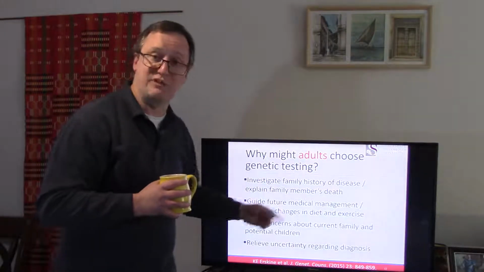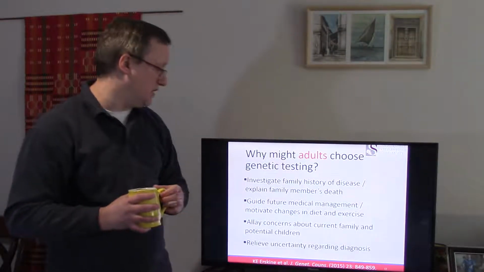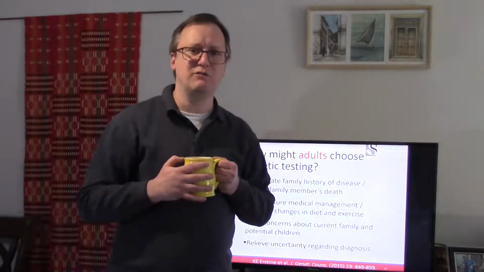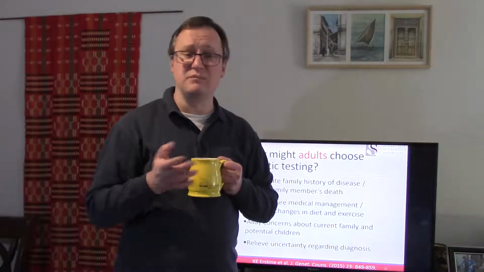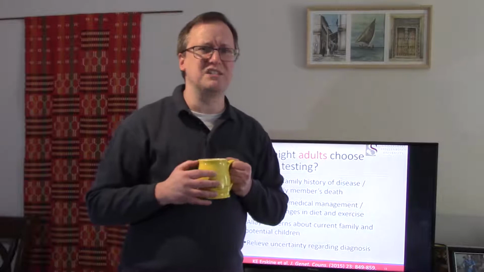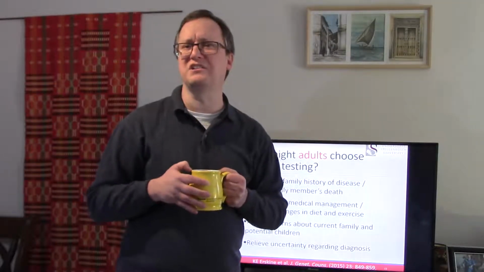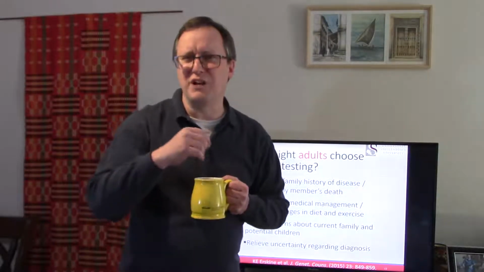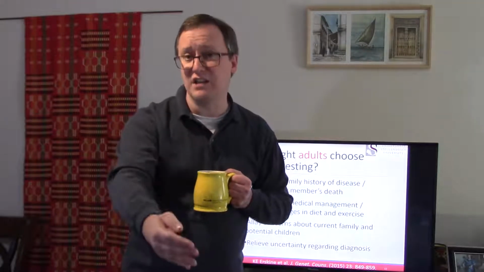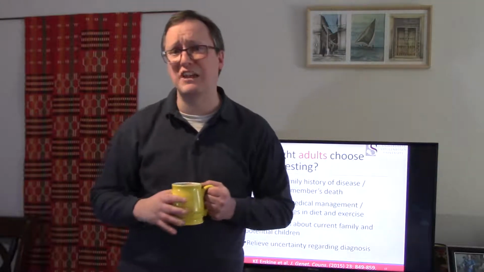It's a very important bit of information. And finally, they might want to relieve uncertainty regarding diagnosis. Sometimes we think that the symptoms we're seeing are associated with a disease, but we're not absolutely certain. So having genetic information can help us understand that better.